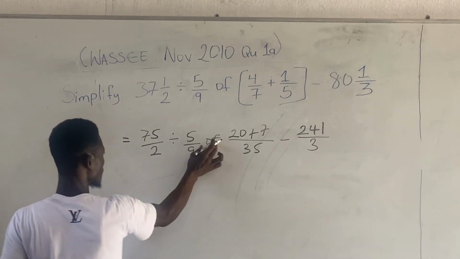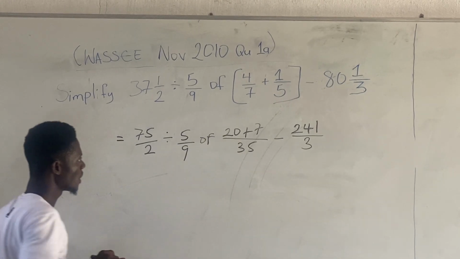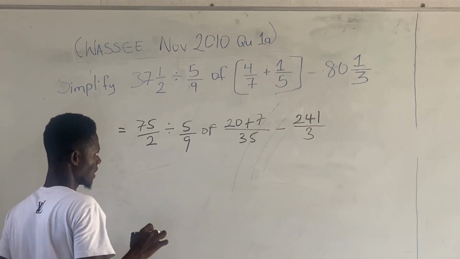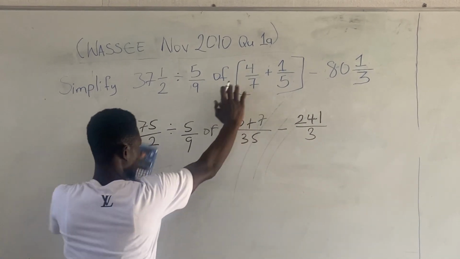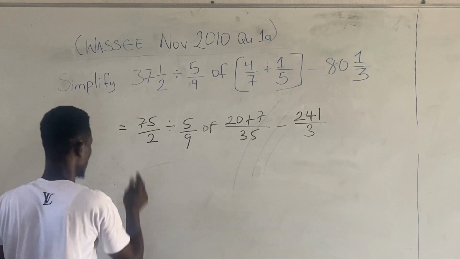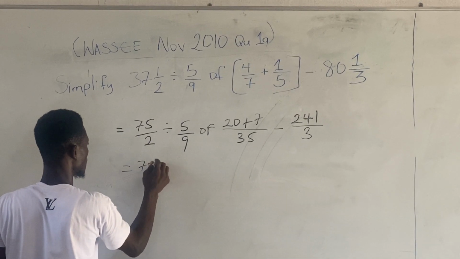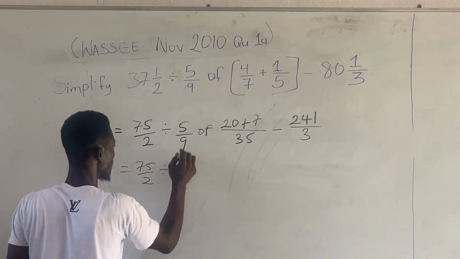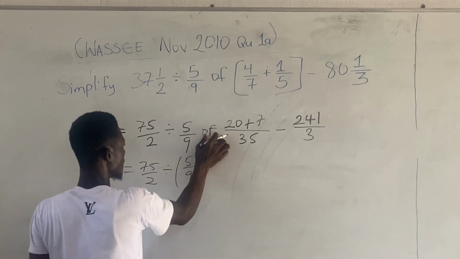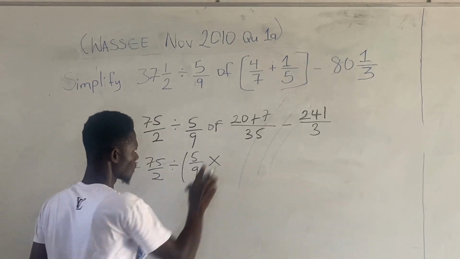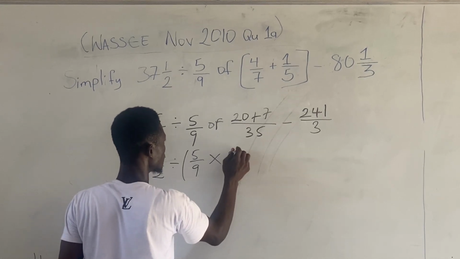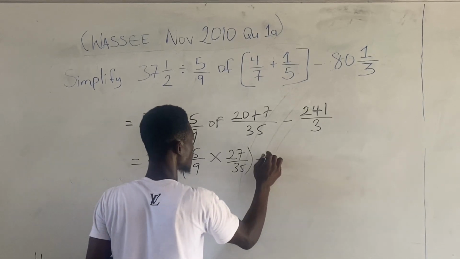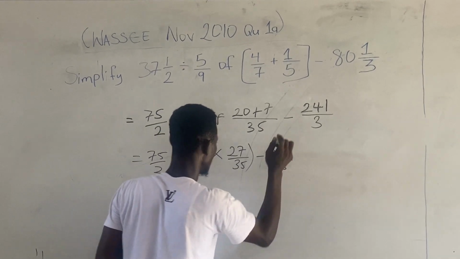With this now, we can get rid of the "of", but in doing so, we will have to put the two fractions that the "of" is separating into parentheses. We have 75 over 2 divide, then we open our parentheses, 5 over 9. This "of", remember, means times. So 20 plus 7 gives us 27 all over 35, minus 241 all over 3.